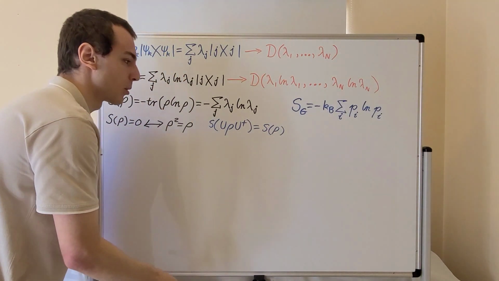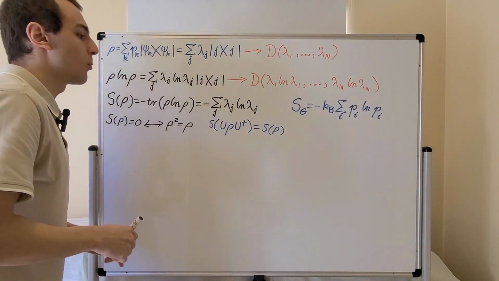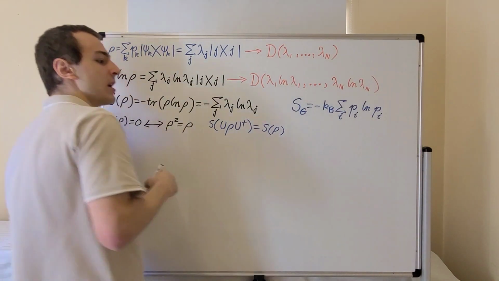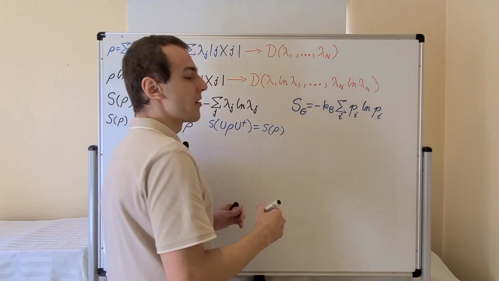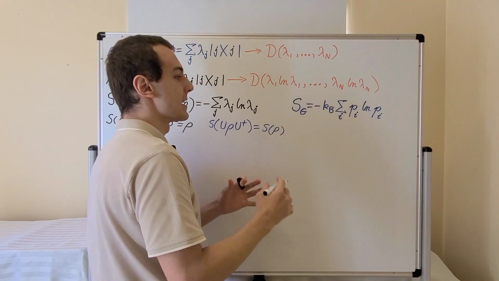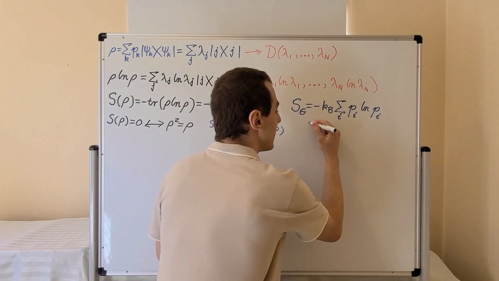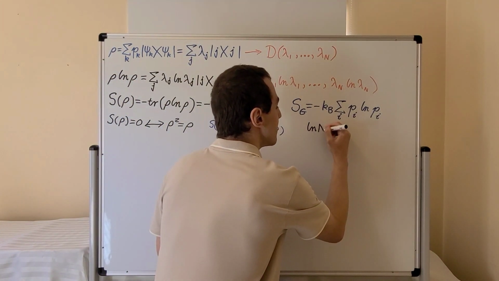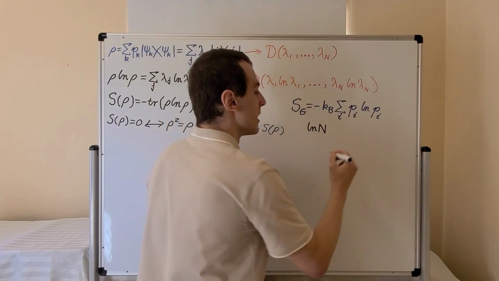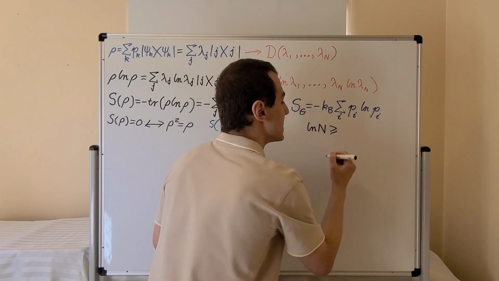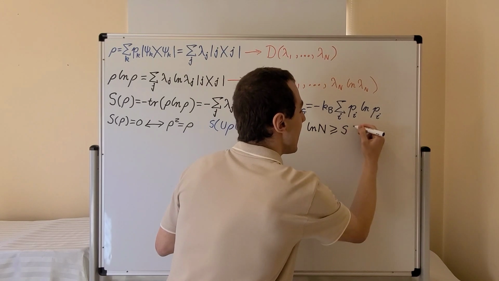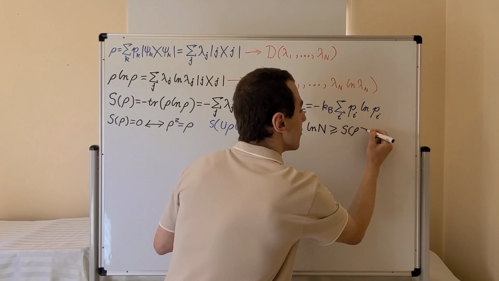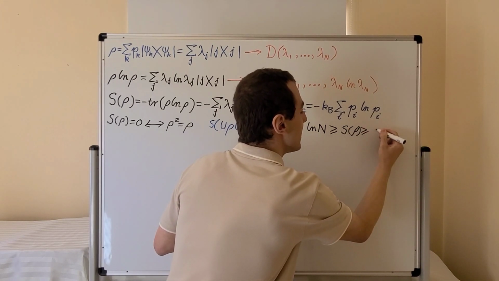Another very interesting property is what are the bounds for this entropy? Well, if we consider the maximally mixed state, the entropy is going to be the log of the dimension of the Hilbert space. So that is the maximum value that this entropy can have. And the minimum value is going to be 0.